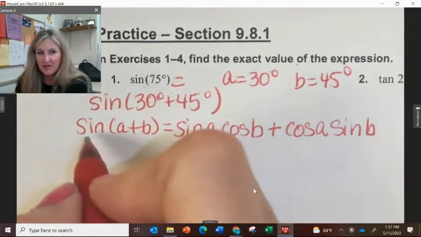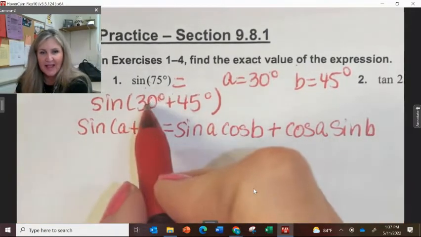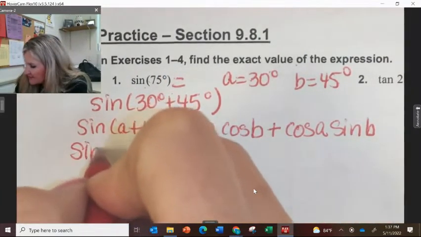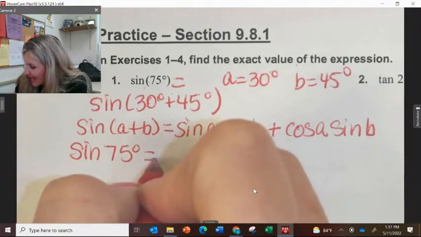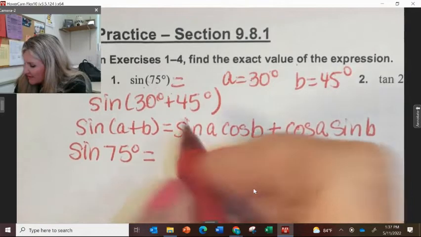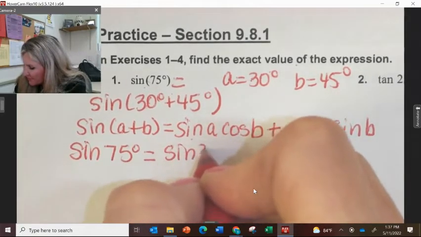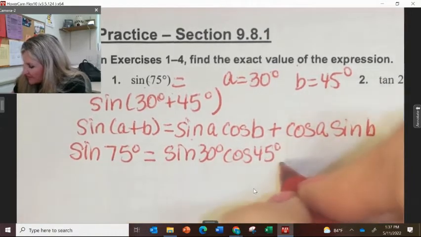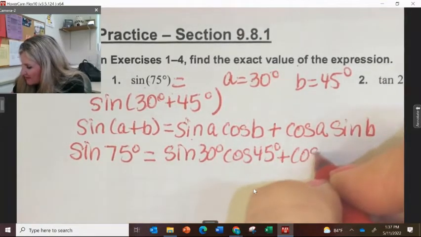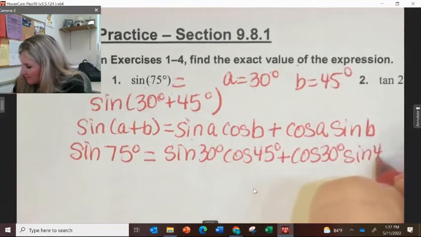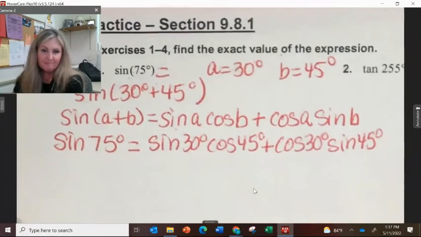Now I'm just going to plug in. Here's my A, here's my B. So to find the sine of 75 degrees exactly, it's going to be the sine of 30 degrees, cosine of 45 degrees, plus cosine 30 degrees times the sine of 45 degrees.